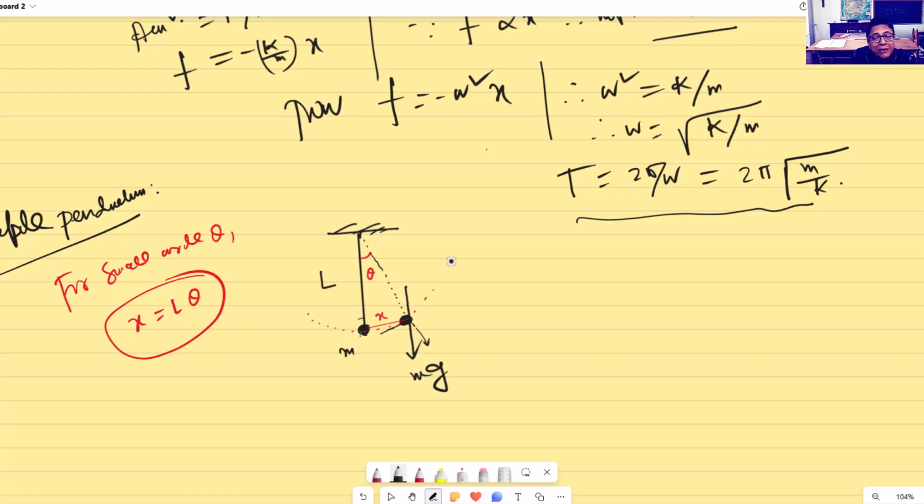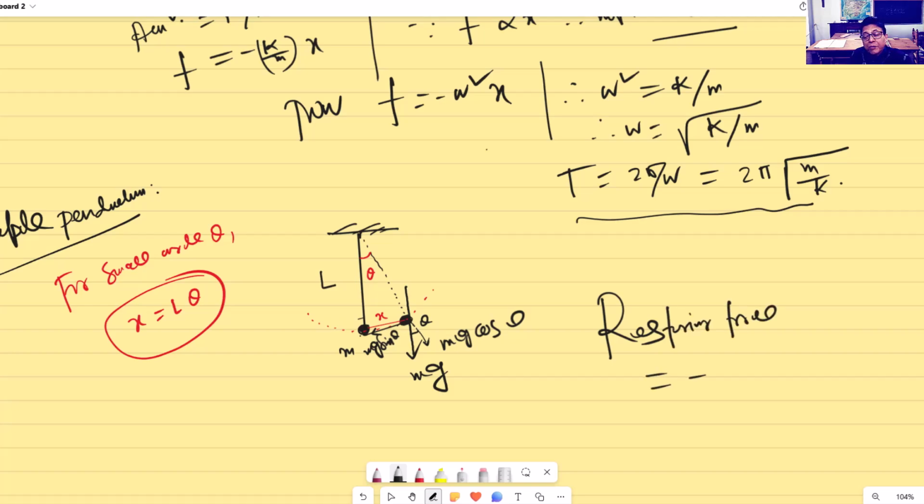For small angle theta, this force is also directed towards the equilibrium position. If this is theta, this is going to be theta. Here the component is mg cos theta and this one mg sin theta. So the restoring force will be what? Minus mg sin theta.